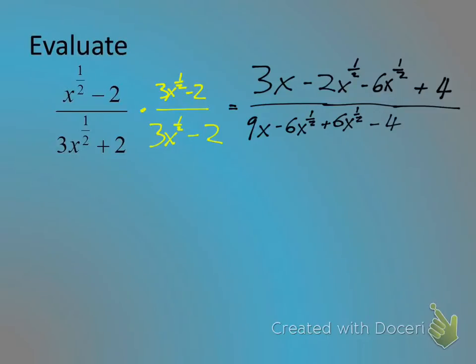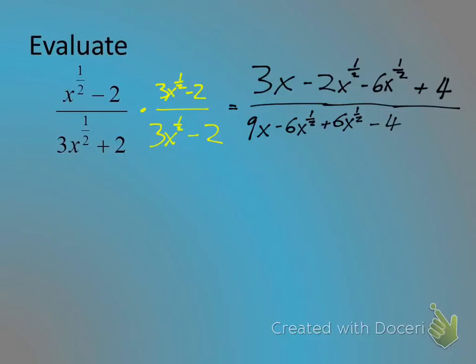Okay, what's your last step here? Combine like terms. And in order to be like terms, you have the same base and the same exponent, even if that exponent is a fraction.